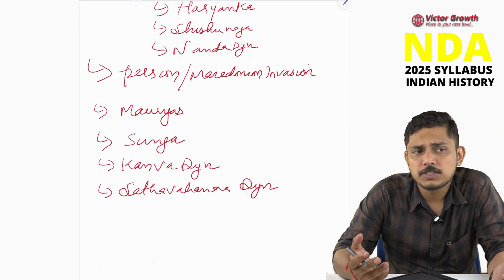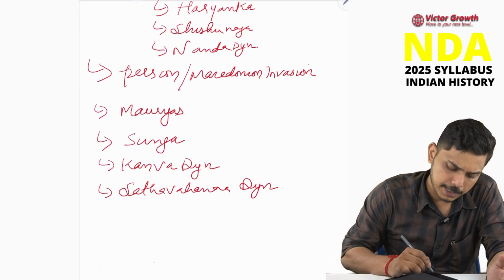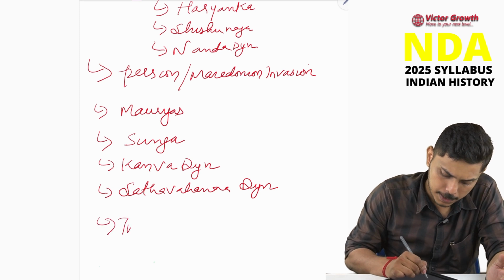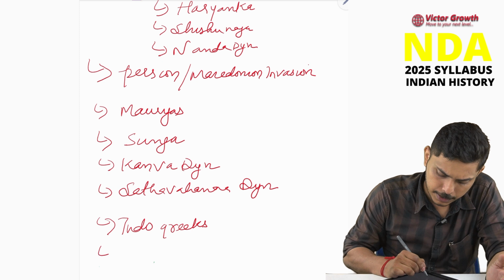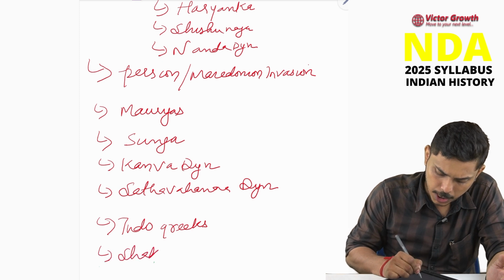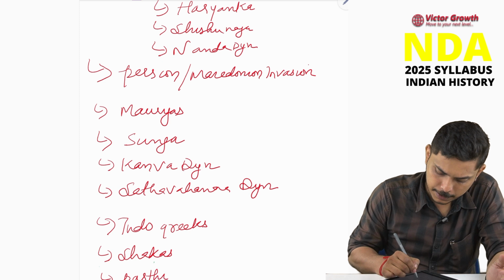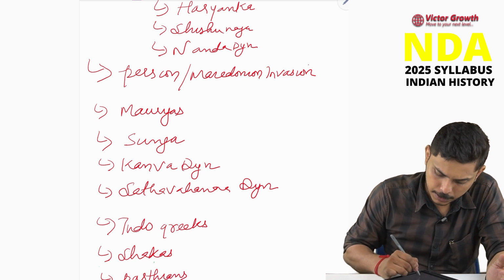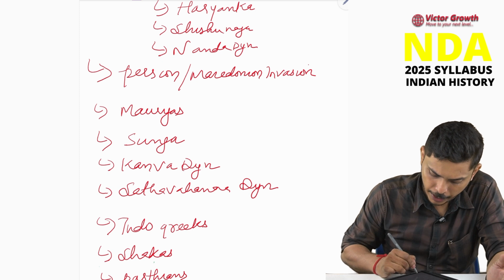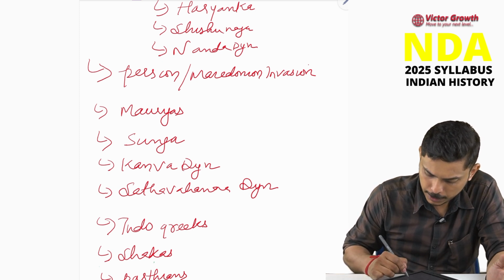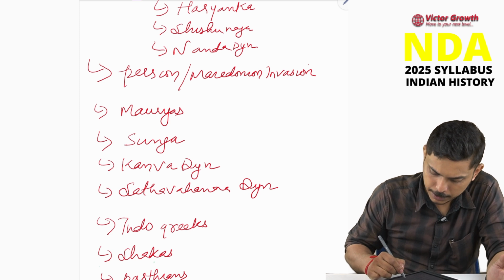After this period, we can again see the invasion of foreigners such as Greeks, Shakas, Parthians, Kushanas, then the famous Indian dynasty, the Gupta Empire.